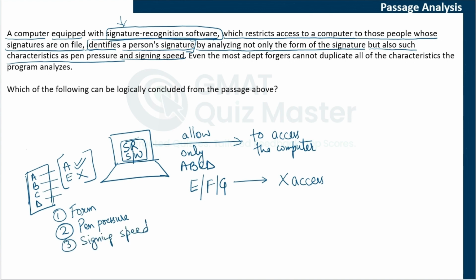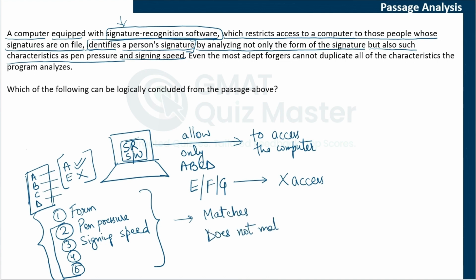But there are other characteristics that this software analyzes. A complete analysis consists of the form, the pen pressure, signing speed, and there can be some other factors. Based on all these factors, the software decides whether the signature matches or not. If it matches, the access will be given. If it does not match, access will not be given.